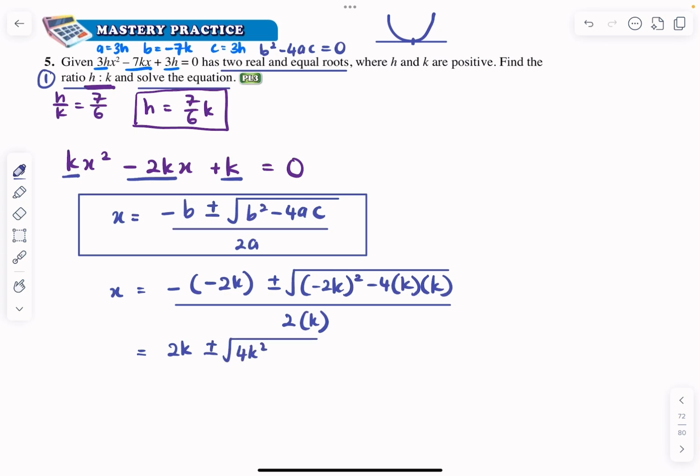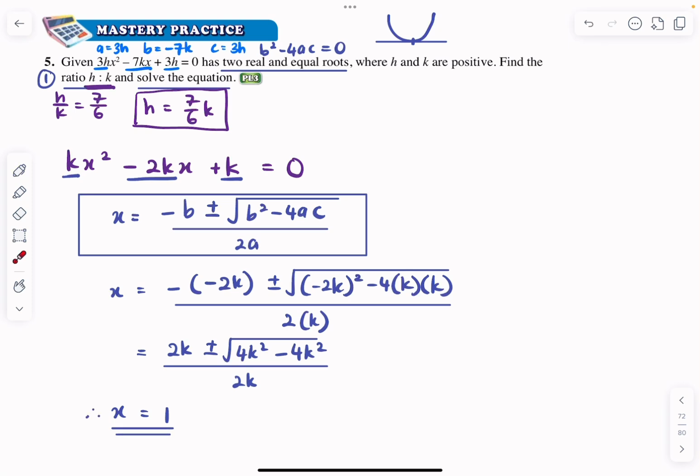This one will be 4k square, and this one will also be 4k square, over 2k. So here 4k square minus 4k square will just give us 0. The square root of 0 is just 0. So this whole thing will go missing. So it's just 2k over 2k, which is 1. So x is just 1. This will be our final answer.